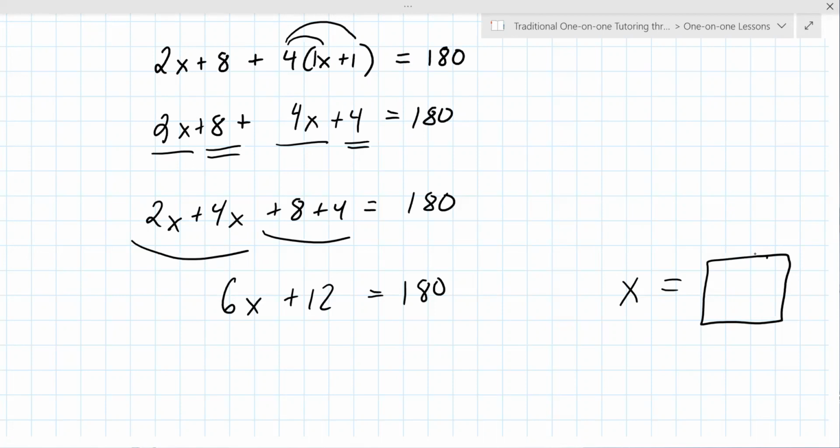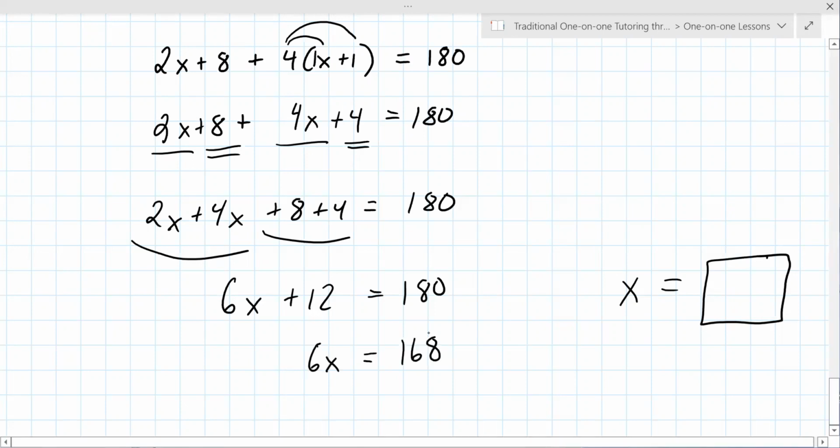Yeah, I'm getting to it. What is the last step here?